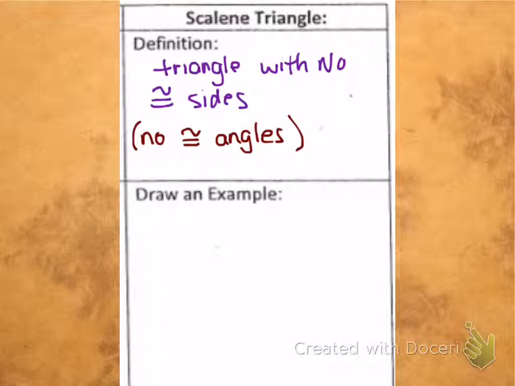And so we just want to draw a triangle where all three sides are different sizes. And as a consequence, all three angles will be different sizes also.